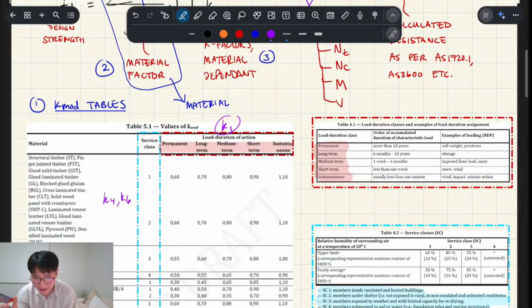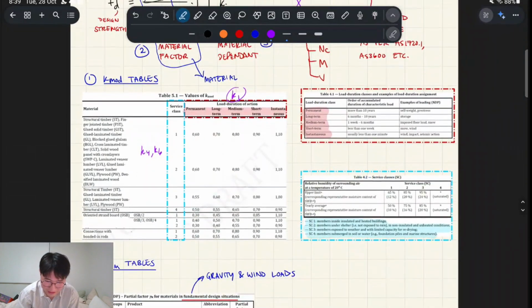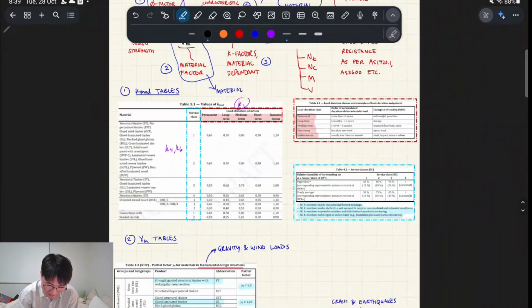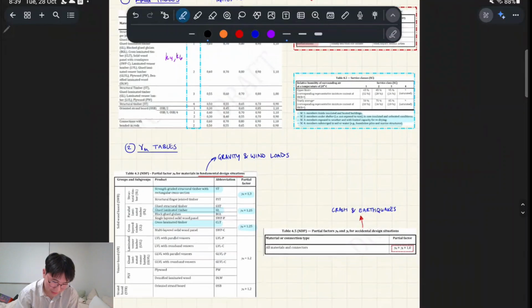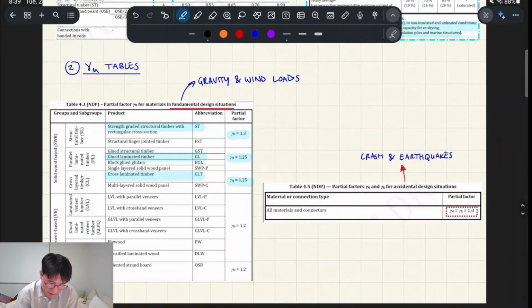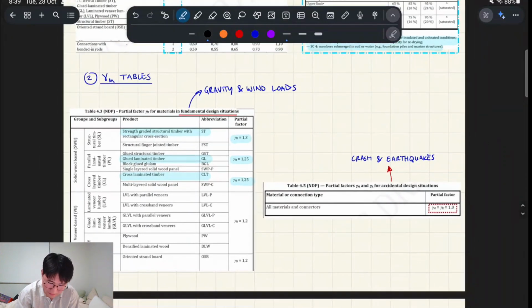Service class is how the timber behaves in the presence of moisture and heat, basically. Sorry, I'm not terribly familiar with Eurocode, you have to forgive me. And then gamma m is a material correction factor, basically, right?